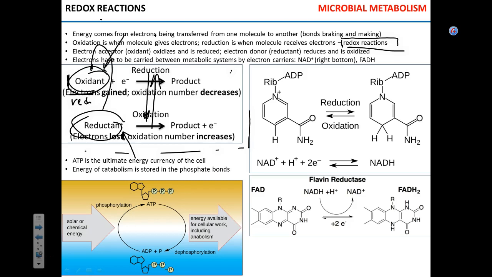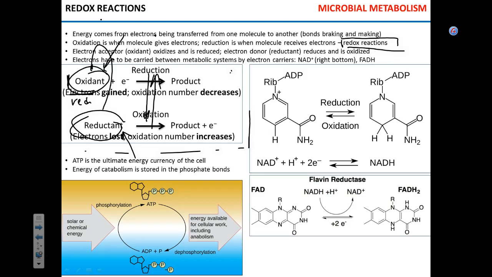Another analogy: imagine that reductant is on top of the building and oxidant is at the bottom. Reductant throws a basketball and oxidant catches it. As the basketball flies from top to bottom, it gains an enormous amount of kinetic energy. If the oxidant that catches the ball at the bottom is not able to dissipate it, the basketball will kill it.